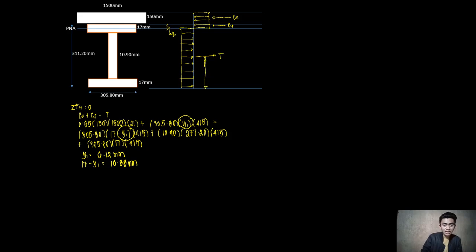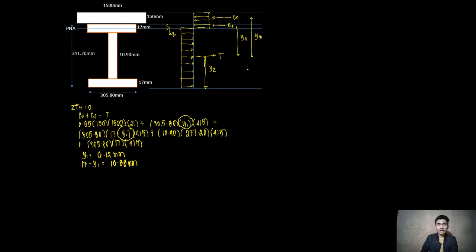Let us name this one as y sub 2. And then the vertical distance from C sub C to T, let us name this as y sub 3. And then from C sub S up until the tensile force, let us name that as y sub 4.